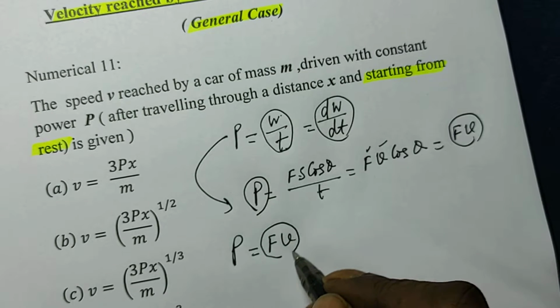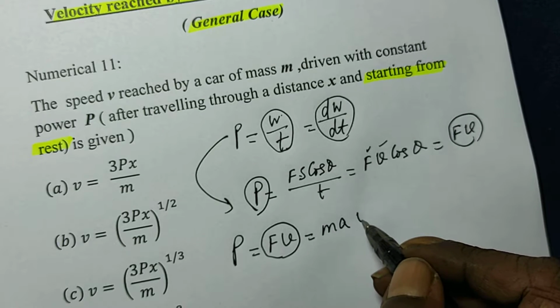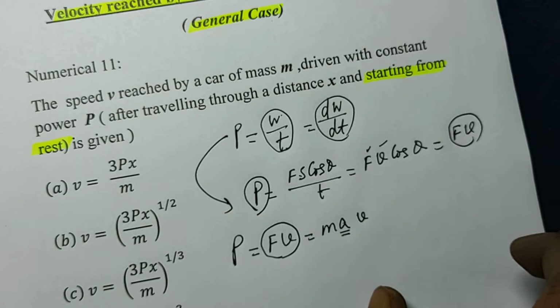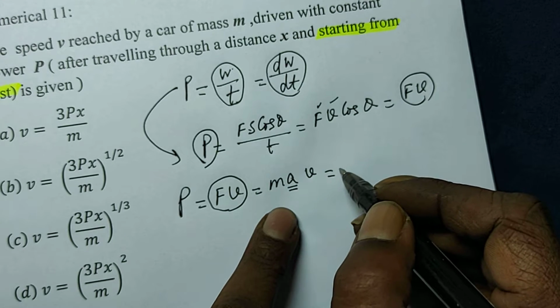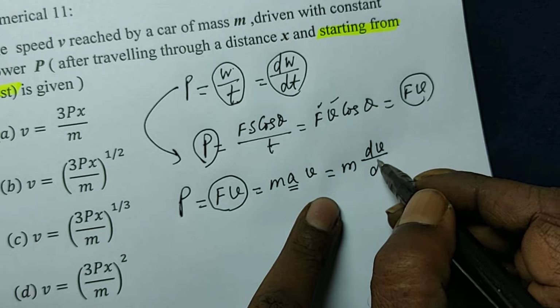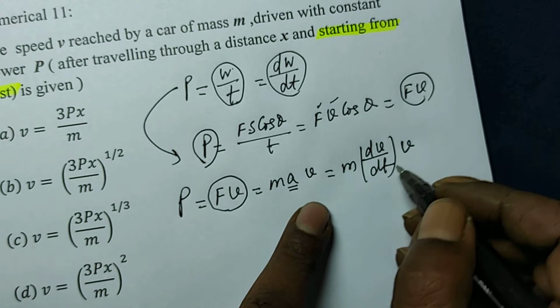Now, how to express this? F is equal to mass times acceleration. Now, I have to change this acceleration to a form so that I will be able to integrate it. So, I can write this acceleration as dv over dt, meaning how the velocity is changing with respect to time.